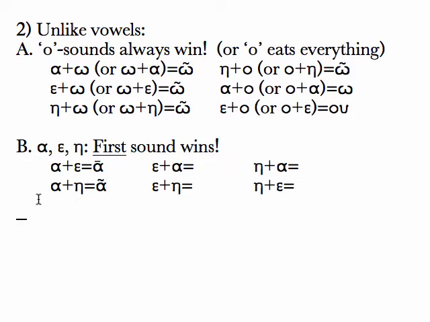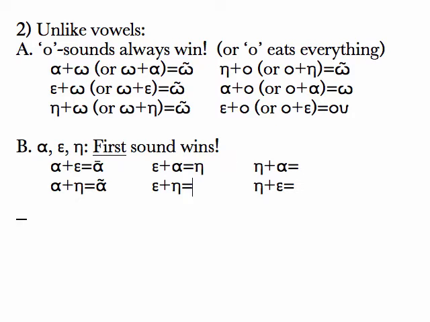So if I'm beginning my vowel combination with an alpha, I'm going to retain the alpha, and if it's combined with a long vowel, it's going to carry a circumflex. If epsilon is the vowel that comes first, I'm going to retain that noise, but I'm going to lengthen it. Epsilon plus an alpha gives me an eta.